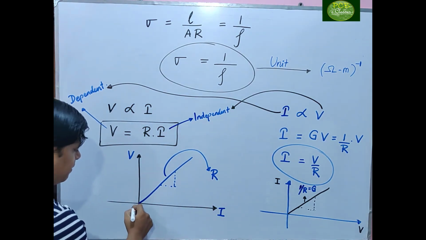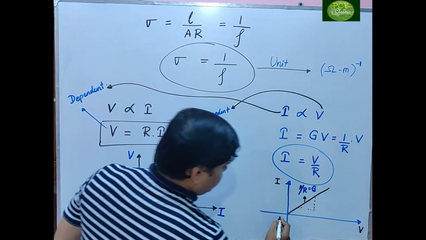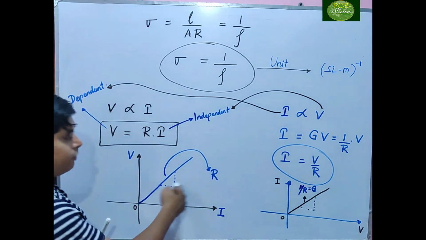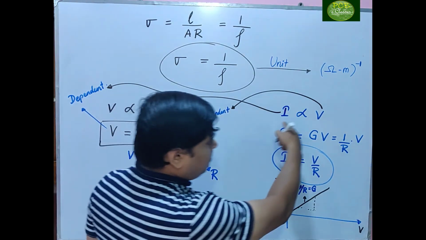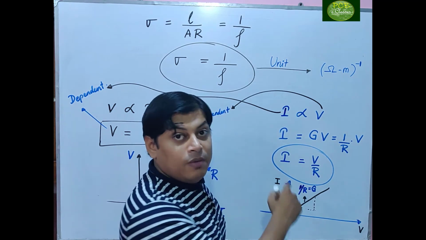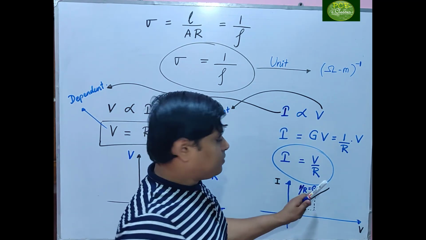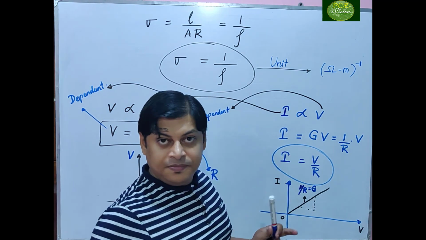If I take V proportional to I, then the slope will be R. If I take I proportional to V, then my slope will be 1 by R, which equals the conductance, that is G.